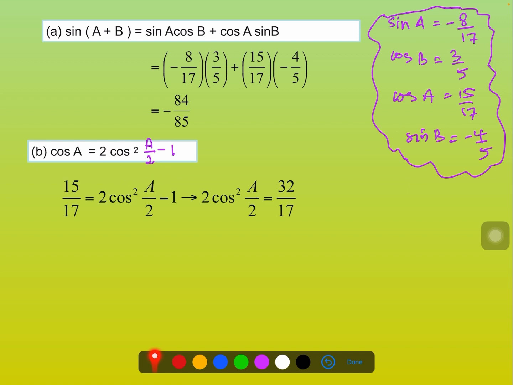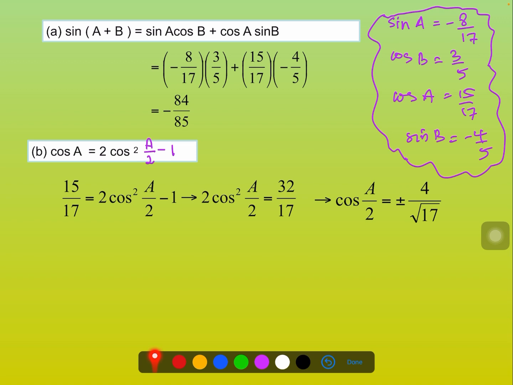From this equation, you have 2 cos square A over 2 equals 15 over 17 plus 1, we have 32 over 17. So therefore, cos A over 2 is the square root of 32 over 17 divided by 2, and lastly we will have plus minus 4 over root 17.